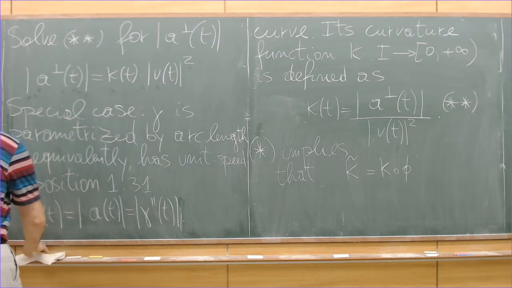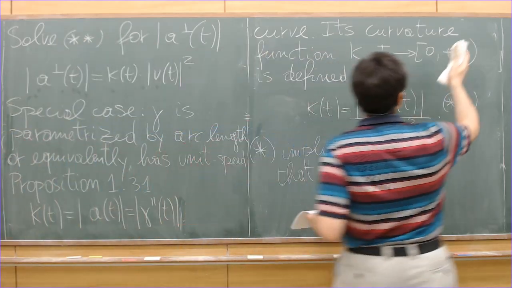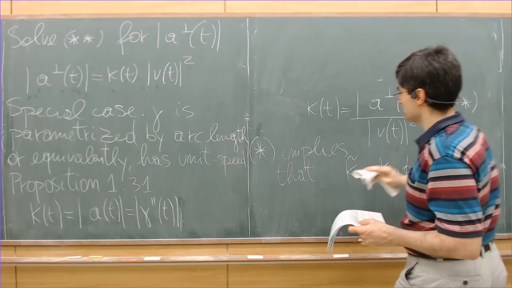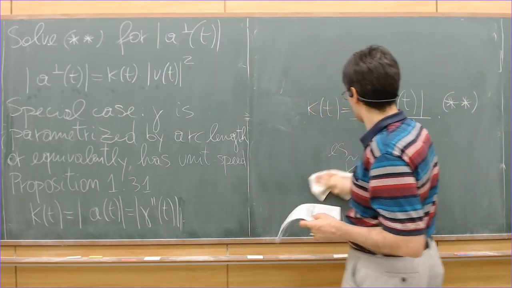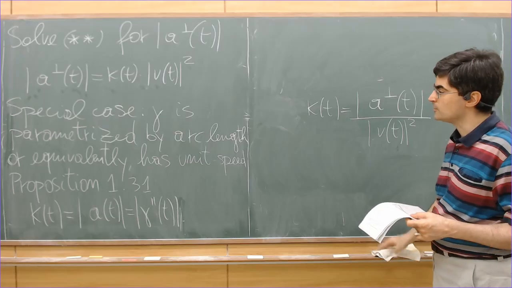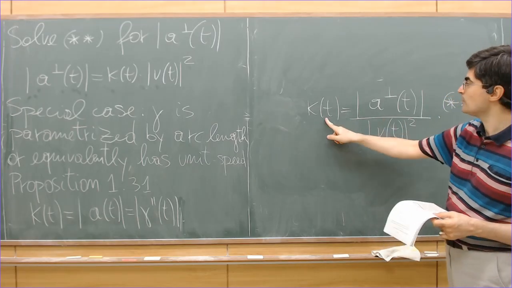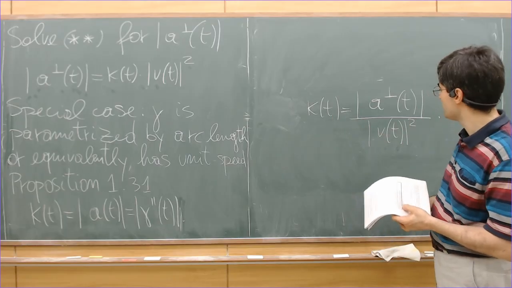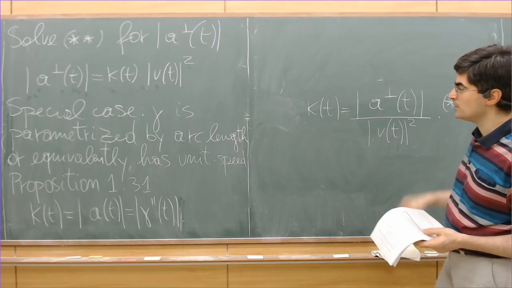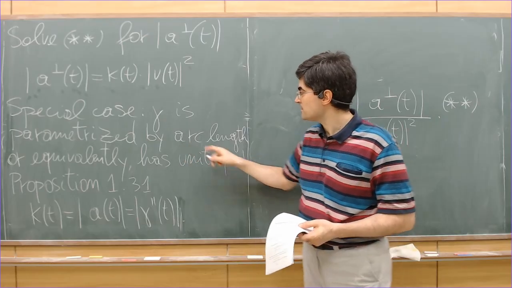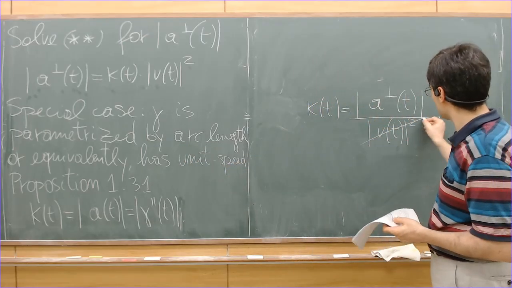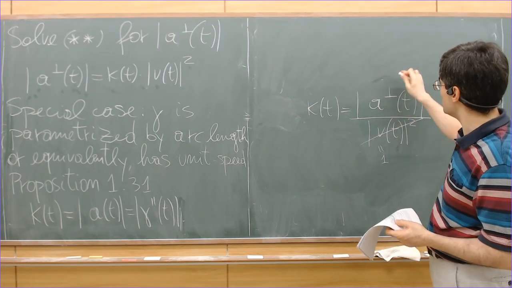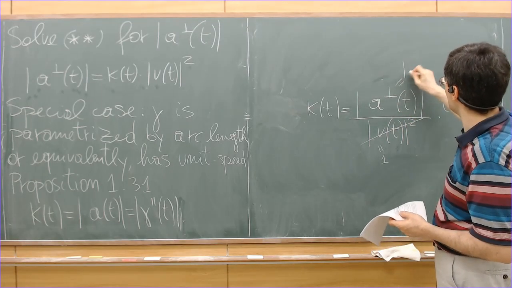Let's prove it. Okay, the definition for the curvature is on the blackboard. So the denominator, according to this hypothesis, is equal to 1, and it remains to prove that the numerator coincides with the length of A of t.